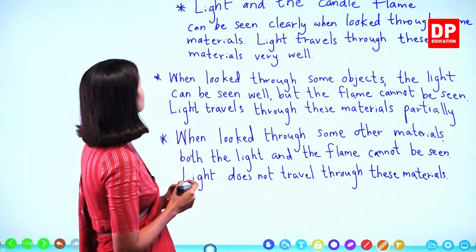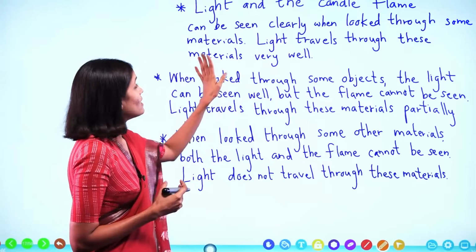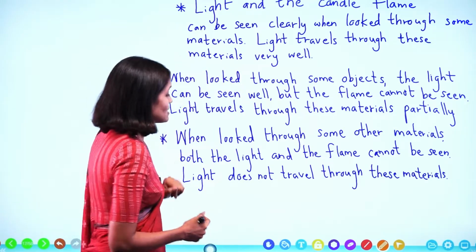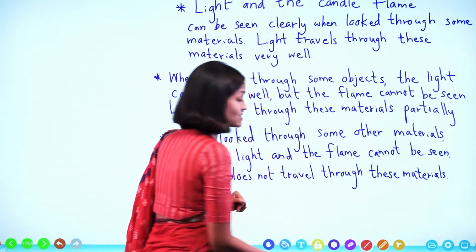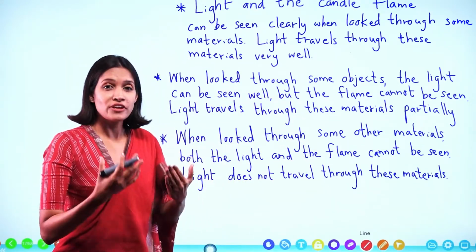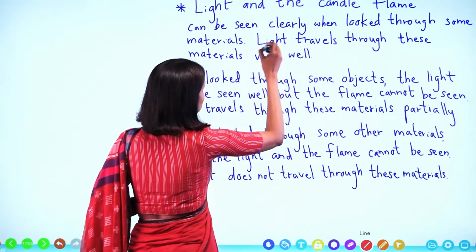Okay, children. So the conclusion, light and the candle flame can be seen clearly when looked through some materials. So what is the reason? Light travels through these materials very well. Right? That is why we can see the light and the flame through these type of objects. Right? Very well.